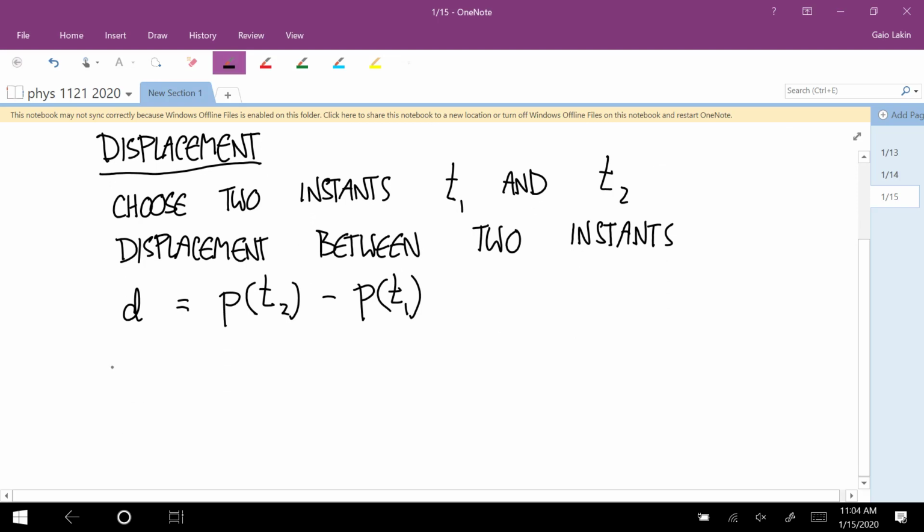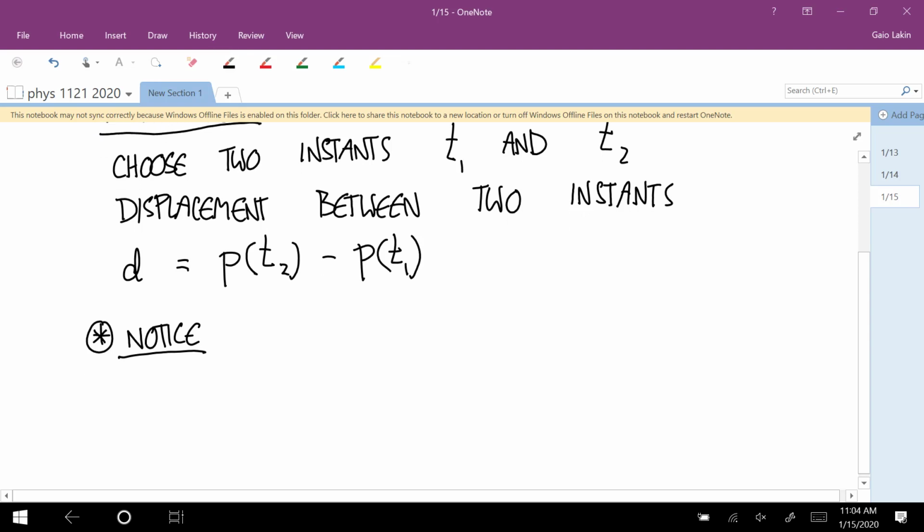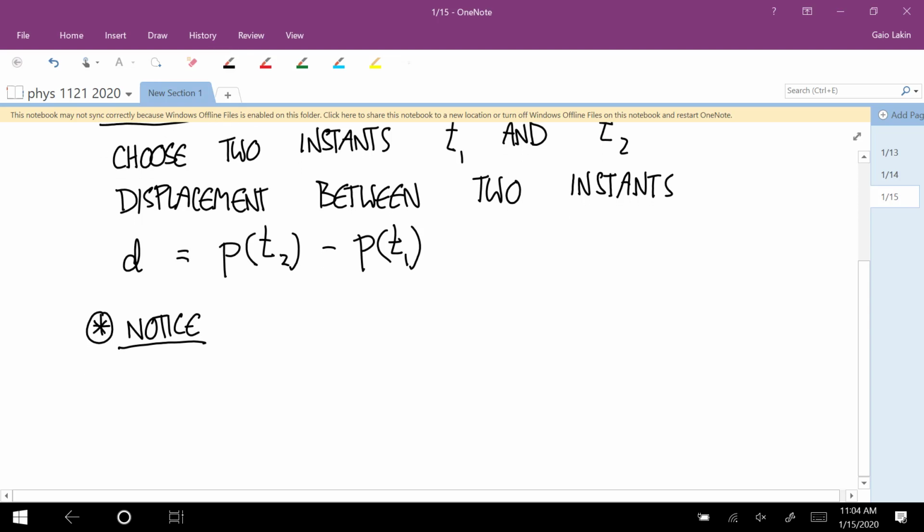A couple of things to notice about the displacement. Displacement has two pieces of information in it.